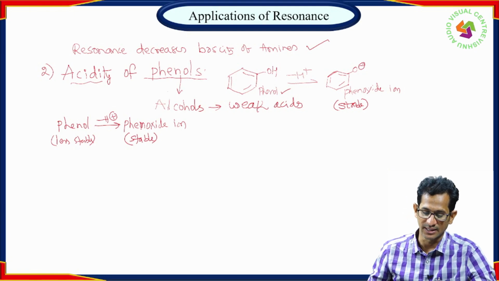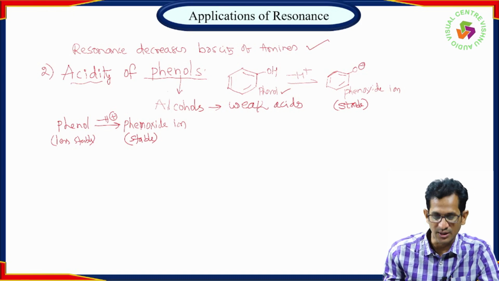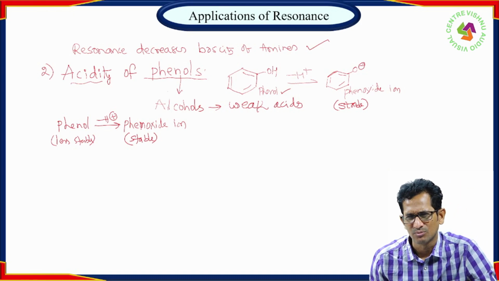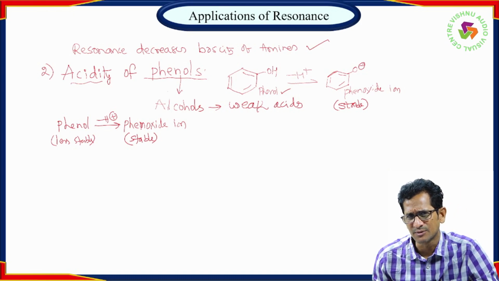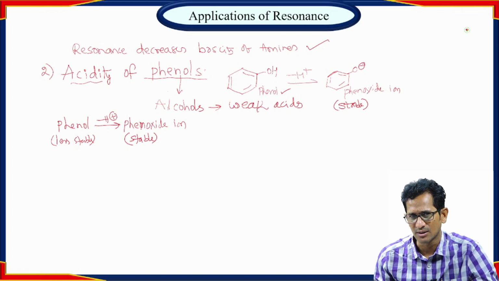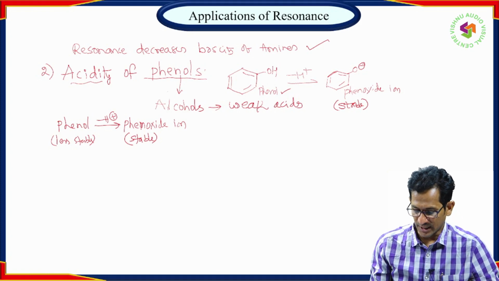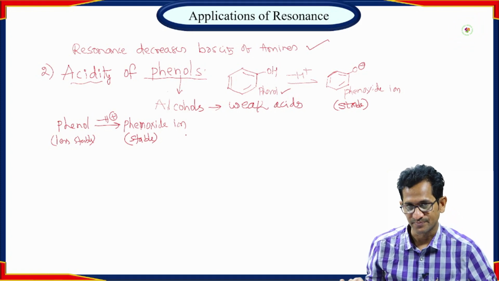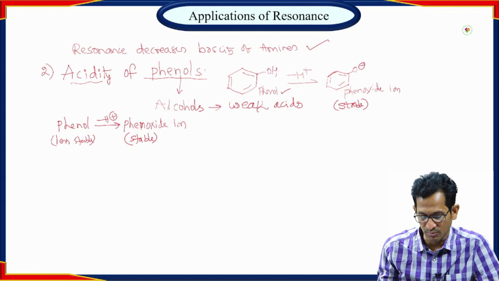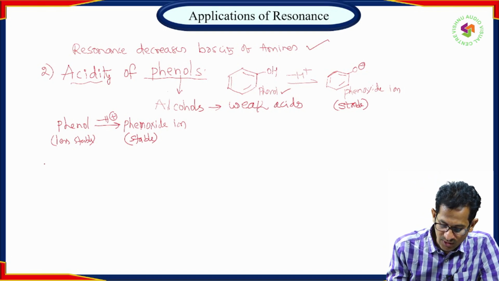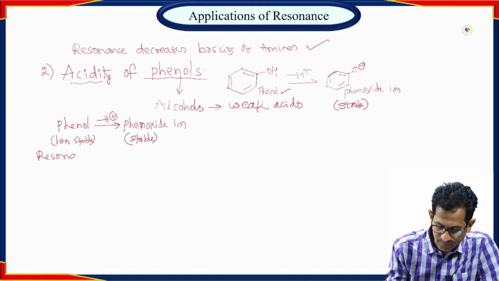What is the evidence for it? Now we have to discuss how resonance increases the acidic character of phenols. We can better explain this concept by using the resonating structures of both. First, we will discuss the resonating structures of phenol.